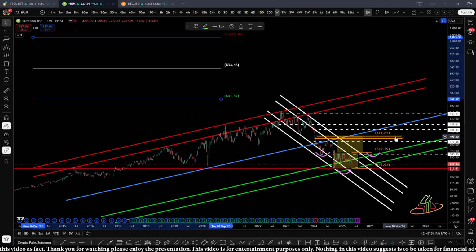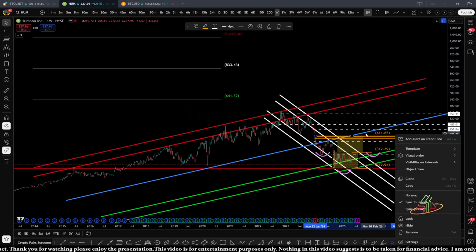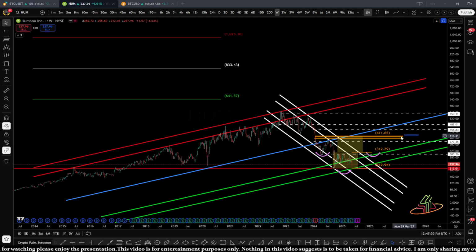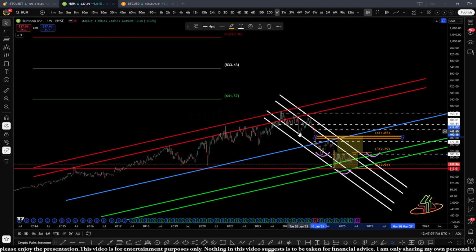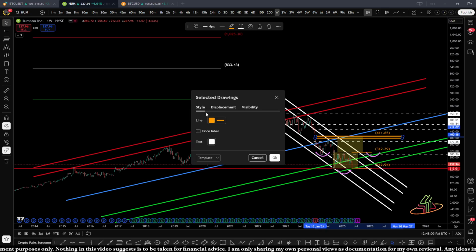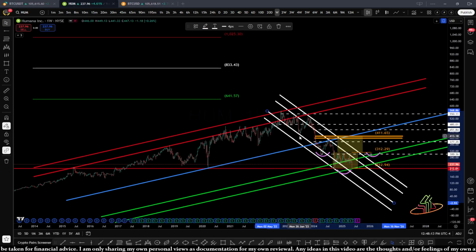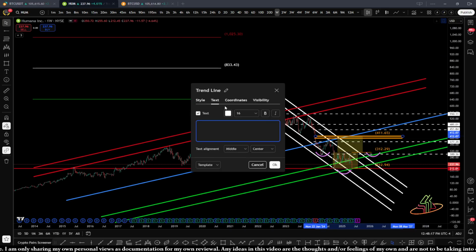If I was to take this market structure right here that I have, right, and I duplicate this. Matter of fact, I'm not gonna duplicate it because I don't want to shift it. What I want to do is extend it, right? So let me extend this to the left. I guess I can't do it while I'm highlighting both of them, but it's all good.